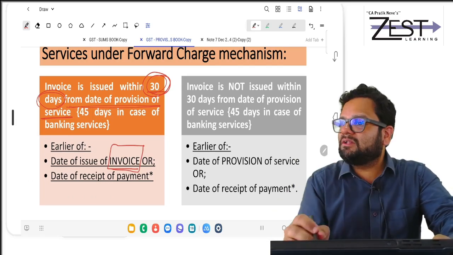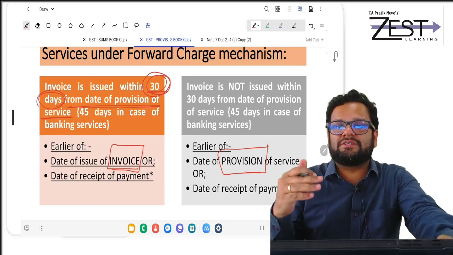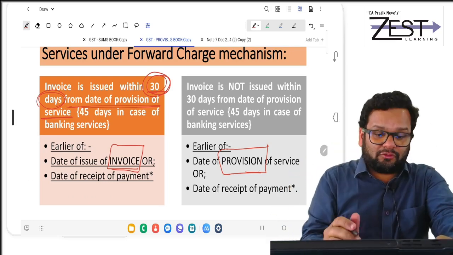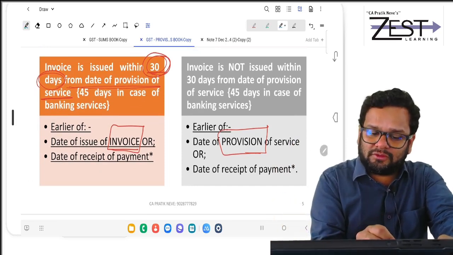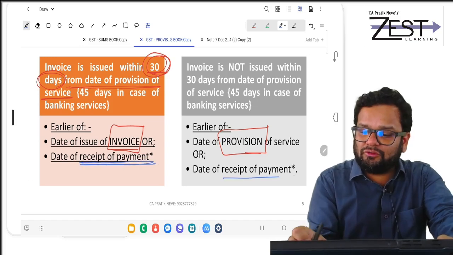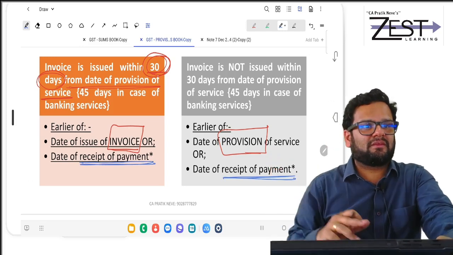If you don't make within 30 days, date of provision of service. Whichever case it is, you have to compare with date of receipt of payment, and you have to go for whichever is earlier.